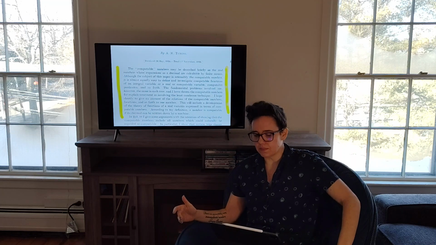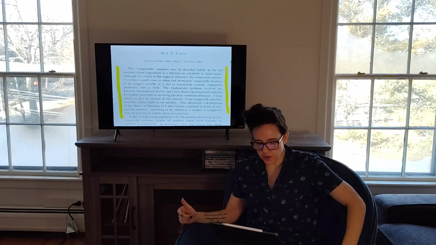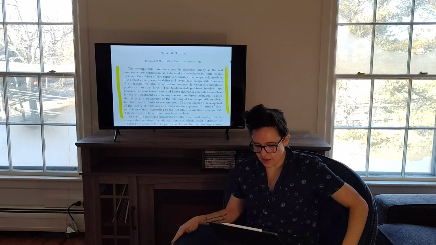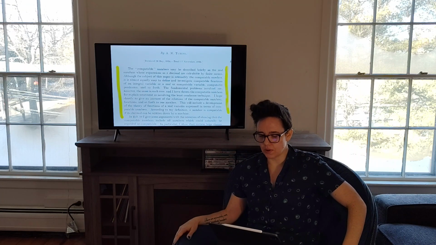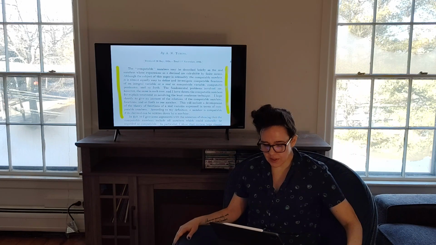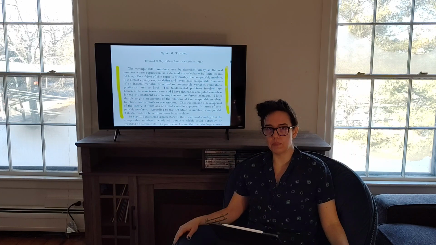The fundamental problems involved are, however, the same in each case. And I've chosen the computable numbers for explicit treatment as involving the least cumbrous technique.